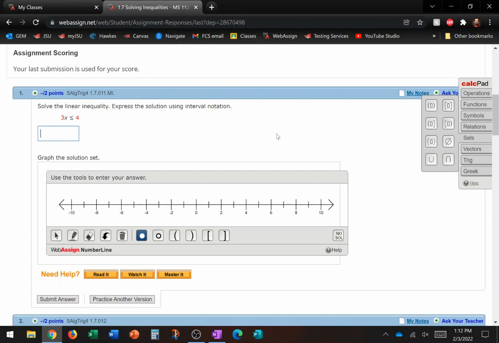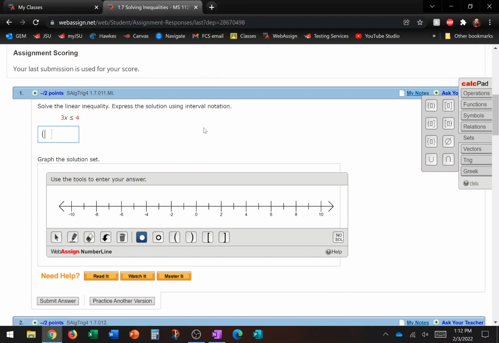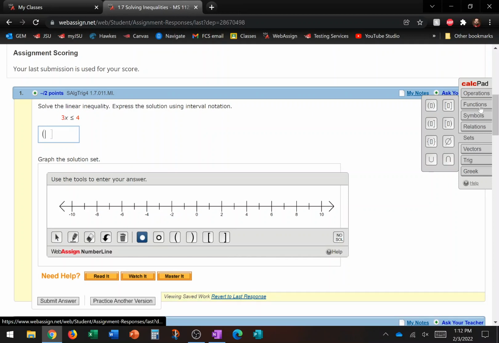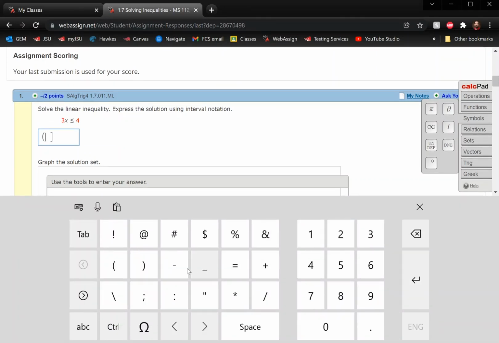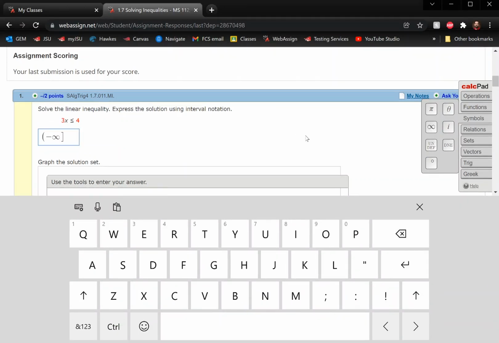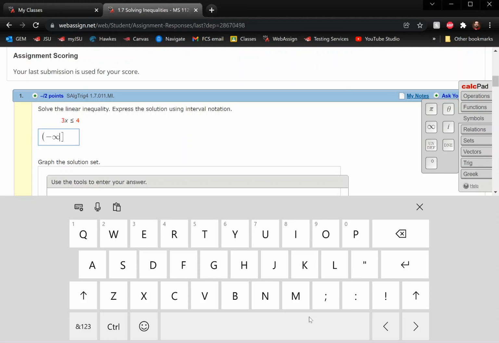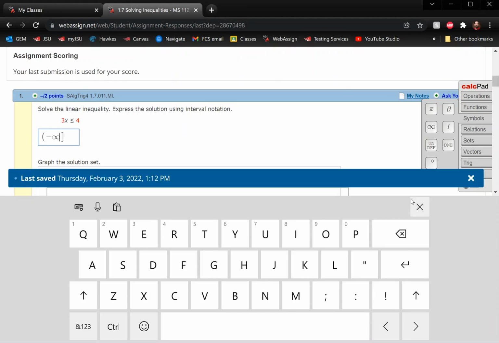So for x is less than or equal to 4/3, that's going to go forever to the left, and then I've got an equal on the right, so I would use a parenthesis on the left and a square bracket on the right. And then to do the infinities, I think you can type infinity in if you want to, but there's also a button over here. So we could do negative and then the infinity. Put our comma. I don't know where the comma's at on this keyboard.